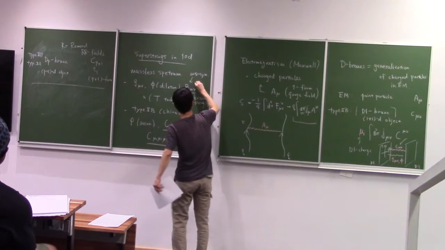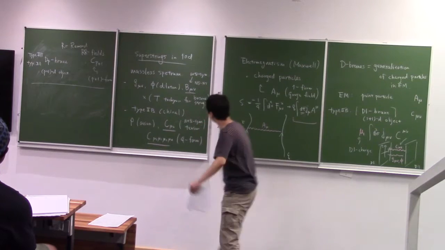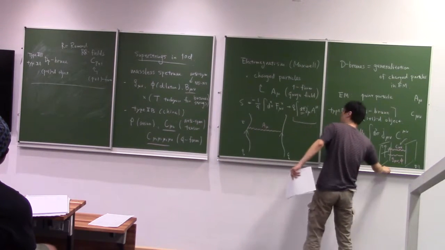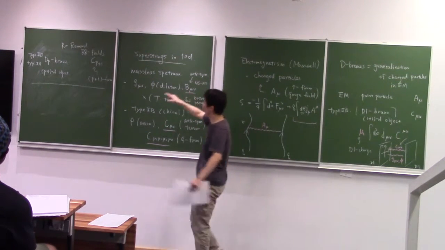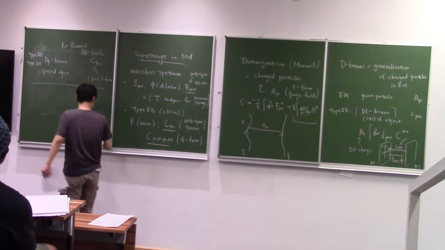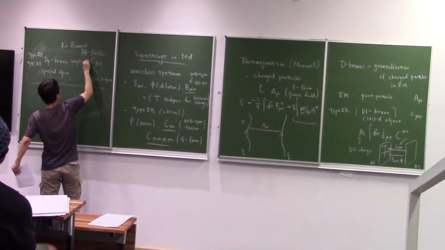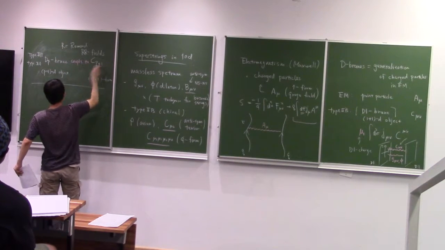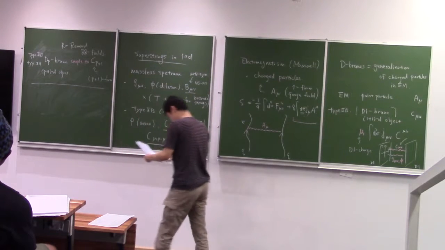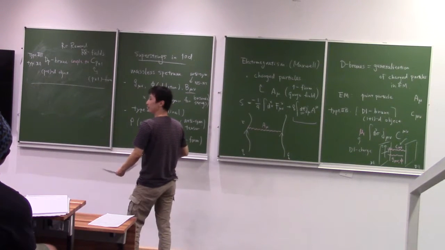And this is called Neveu-Schwarz. Okay. So this is about D branes. So D branes couple to this and are charged under this. This is one thing.